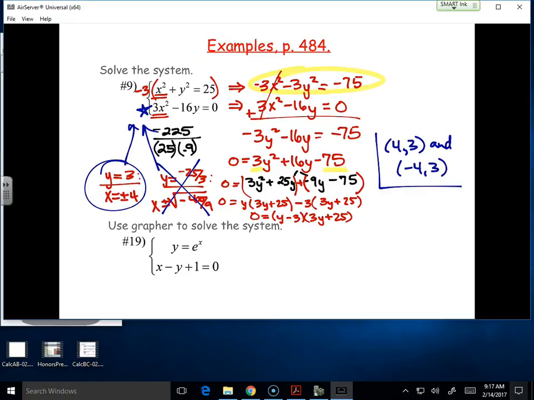Please feel free. Yeah. I got -3y plus 25 and y plus 3. Because I did not look because I was thinking 75. You got 3y minus 25? -3y plus 3.